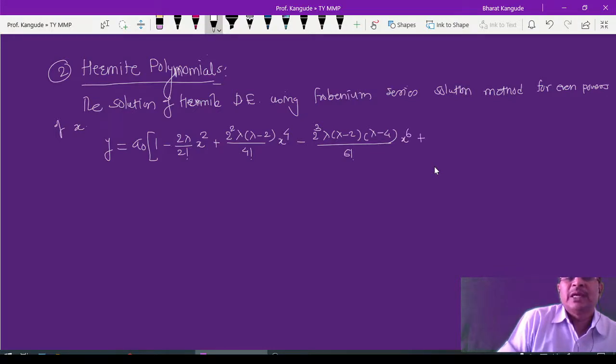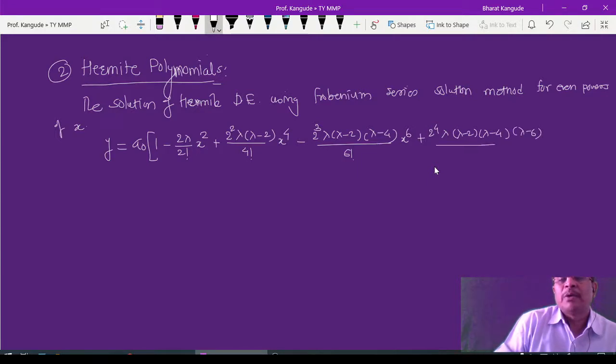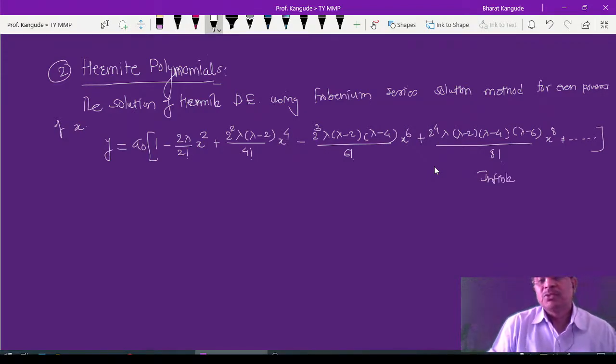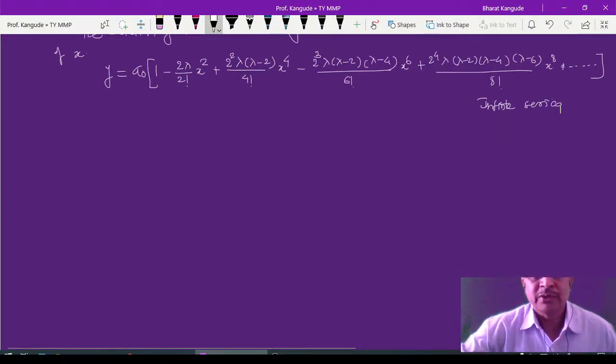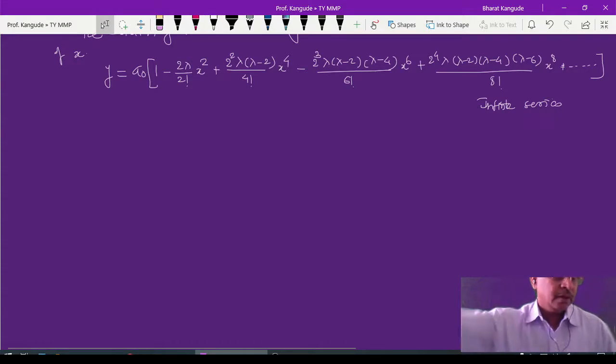The next term is plus 2 raised to 4 into lambda into lambda minus 2 into lambda minus 4 into lambda minus 6 upon 8 factorial into x raised to 8, and so on. So this is one infinite series, which we obtained earlier. This is the solution of the Hermite differential equation for case 1, if you remember.